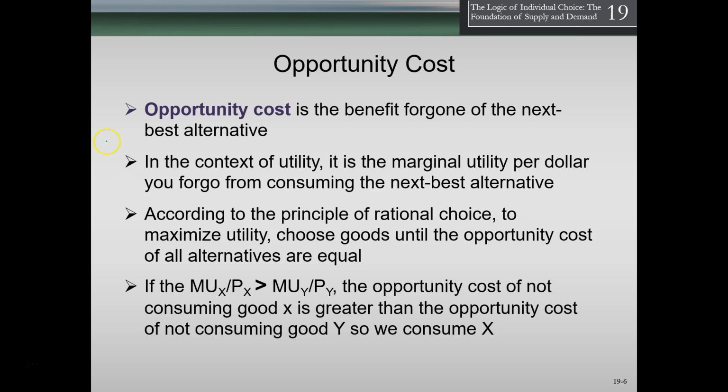So we're going to say if the marginal utility of x, choice 1, divided by the price of x is greater than the marginal utility of y over the price of y, the opportunity cost of not consuming x is greater than the opportunity cost of not consuming y. So we are not at the maximum here. We can get to a better maximizing point mathematically if we consume more of x in this case, because we would be better off on the margin.